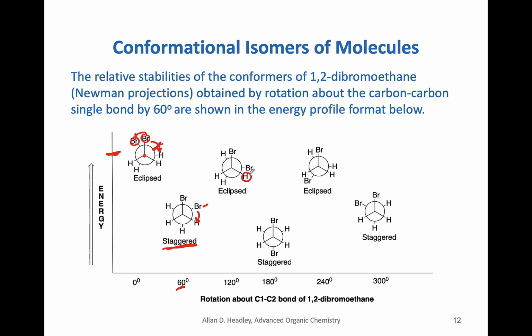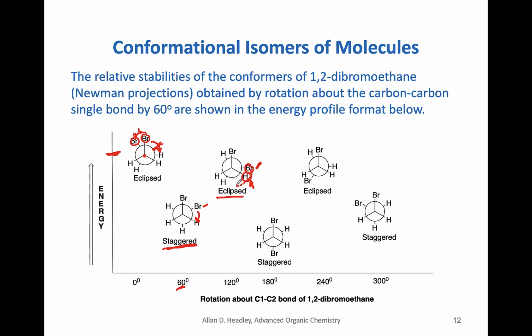So this hydrogen and this bromine here are sitting right behind each other. Notice because bromine here is large and hydrogen is smaller than bromine, it's not as high in energy as this one, but still relatively high in energy here in the eclipsed conformer.